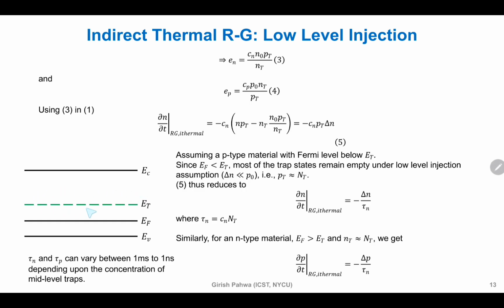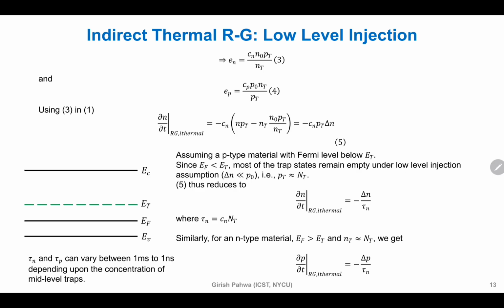So the concentration of these states being filled by the electron, the probability of that is going to be small. So the concentration of electrons in these levels is going to be very small for a p-type material. It means most of these states will be empty.